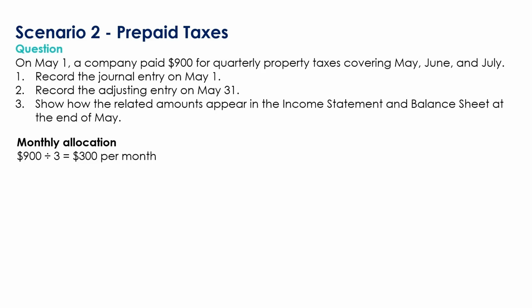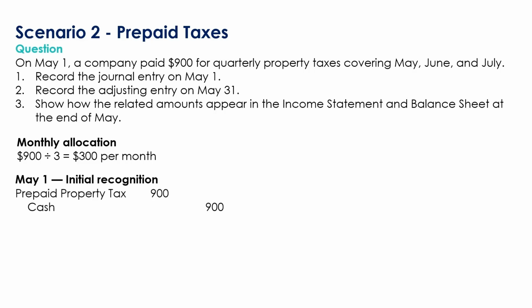Given that the payment provides a benefit beyond May, we do not recognize the full $900 as an expense immediately. Under accrual accounting, the payment is first recorded as an asset, specifically as prepaid property taxes. Therefore, on May 1st, we will debit prepaid property taxes for $900 and credit cash for the same amount.